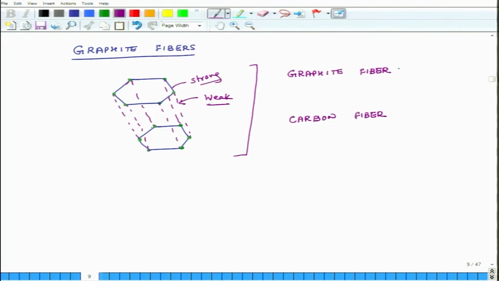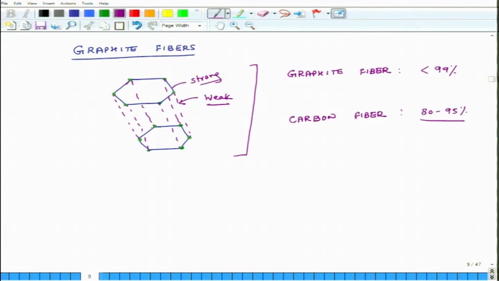In a graphite fiber, the percentage of carbon is more than 99%. So, it is almost 100% carbon. In carbon fiber, this percentage of carbon is not that high, it may be anywhere between 80 to 95%. You may use them interchangeably, but that may not be accurate.